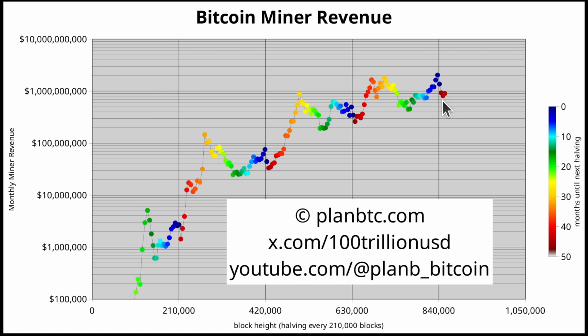It may very well be that we have seen the bottom of this shakeout, this after halving miner shakeout in June, because July already had a higher miner revenue than June.